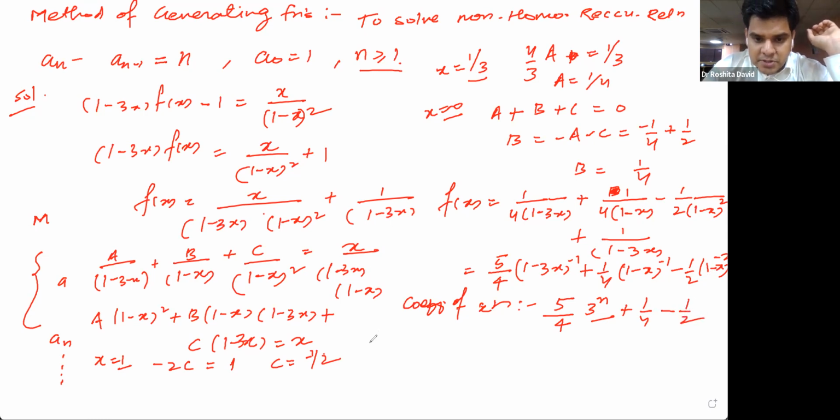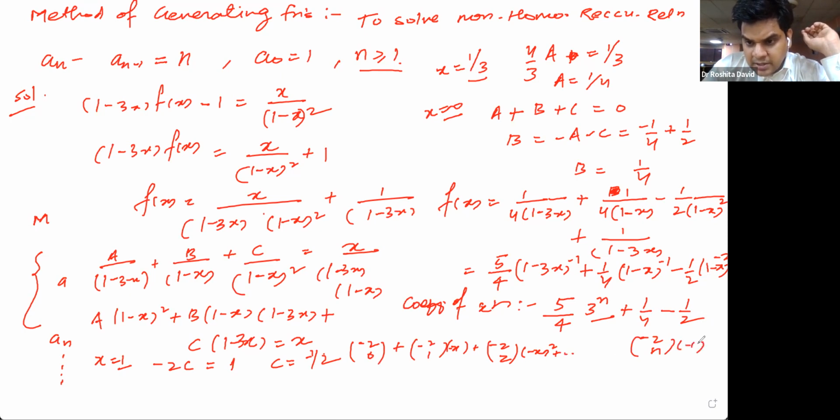This is going to be the expansion: minus 2 choose 0 plus minus 2 choose 1 minus x plus minus 2 choose 2 minus x square and so on. So if I consider the nth term, it's going to be minus 2 choose n, minus 1 to the power n. This is going to be the coefficient of x power n for the third one. It's 1 by 2.